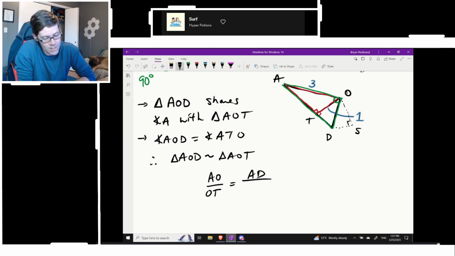Why is my brain so not functioning today? I think we need the smaller of the two side lengths, right? Does that seem reasonable? I think that's right.